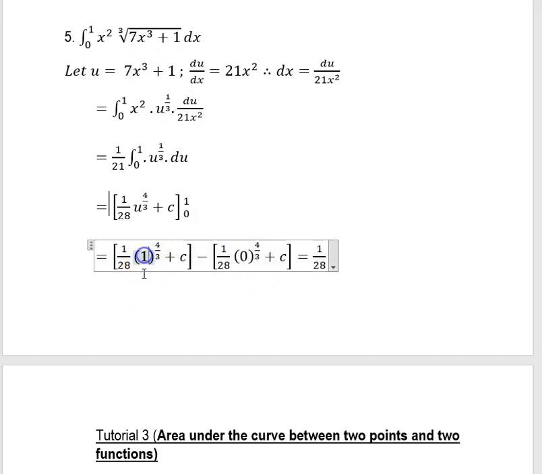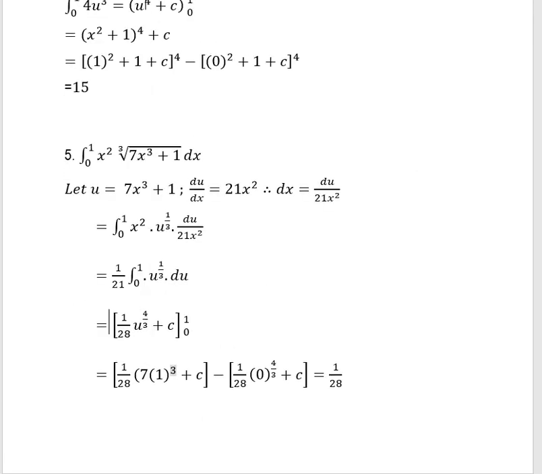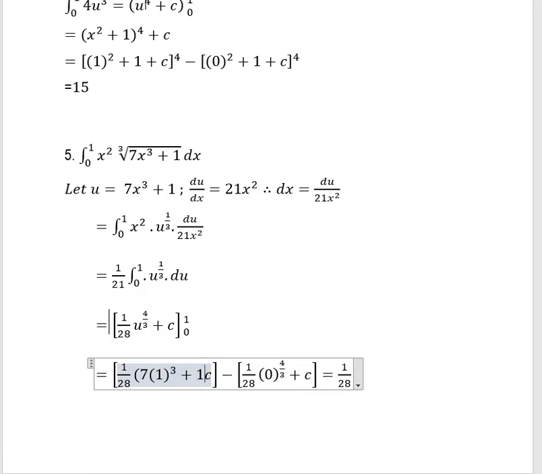Okay, sorry for that, this should be 7 into bracket 1, and then I have to the power of 3. That should be the right thing. Sorry for that. And then you add 1. And then you do the same here.